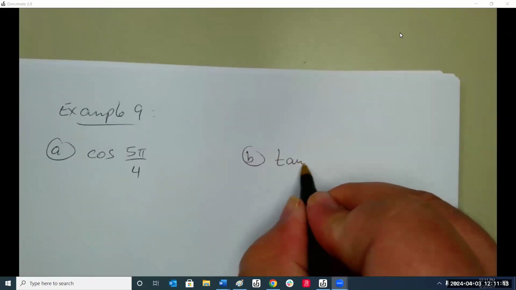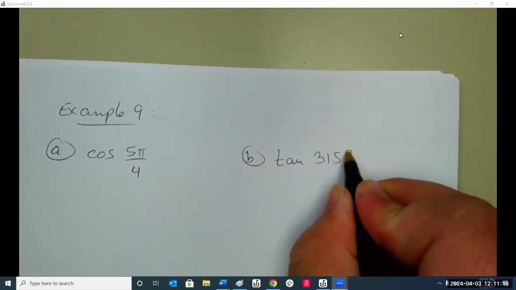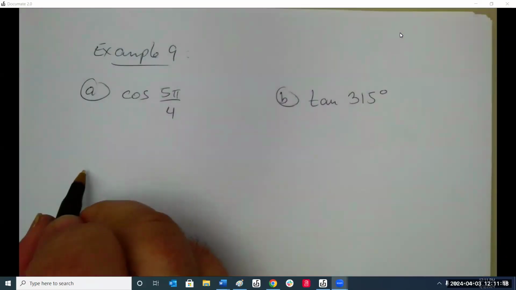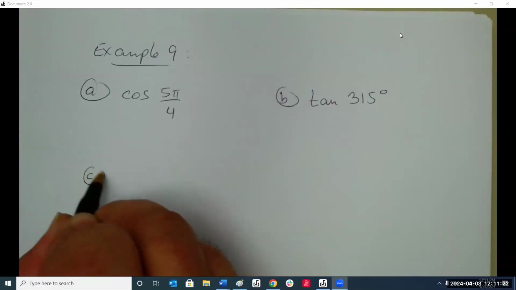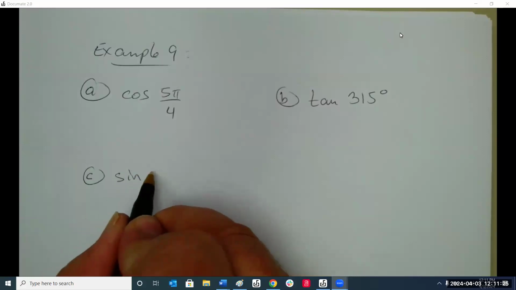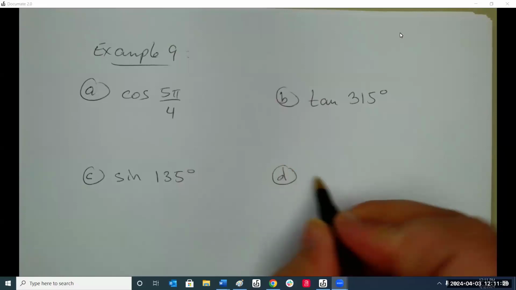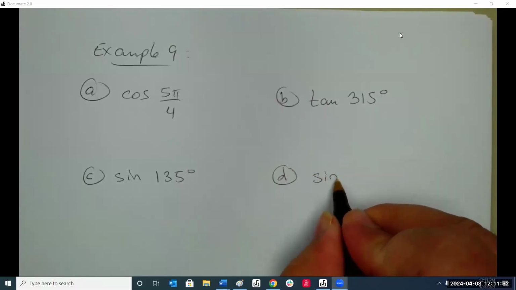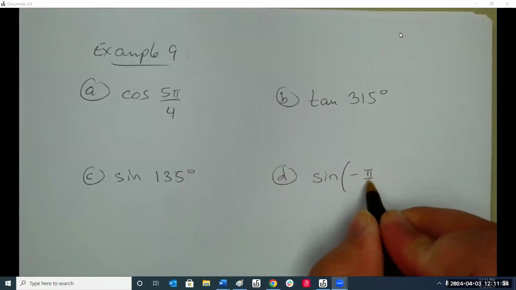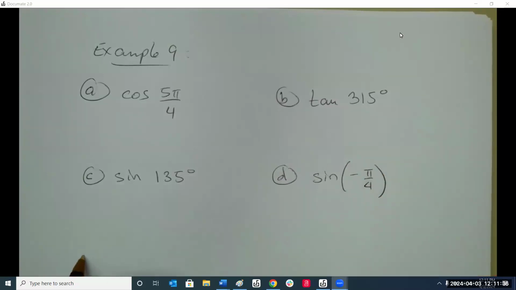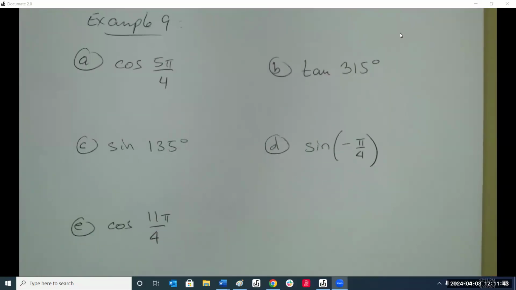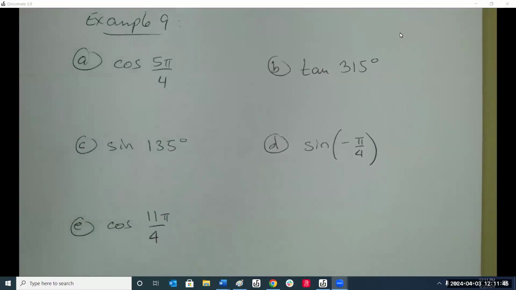B is the tangent of 315 degrees. C is the sine of 135 degrees. D, sine of negative pi over 4, and E, cosine of 11 pi over 4. I'll look for the next one also, of course.